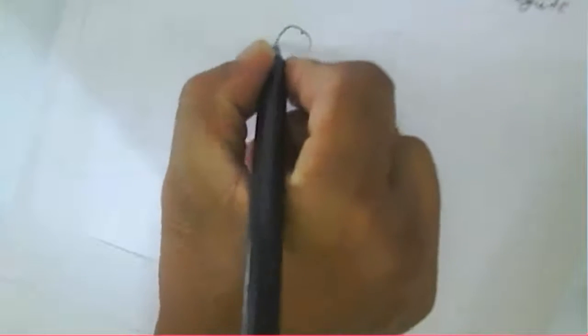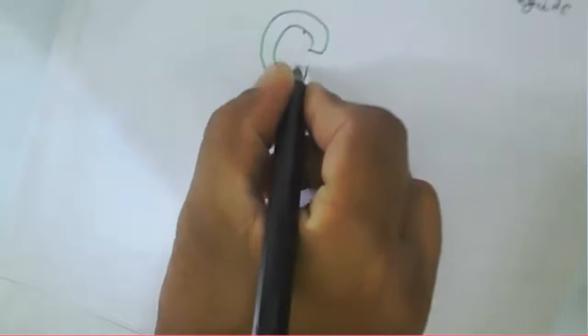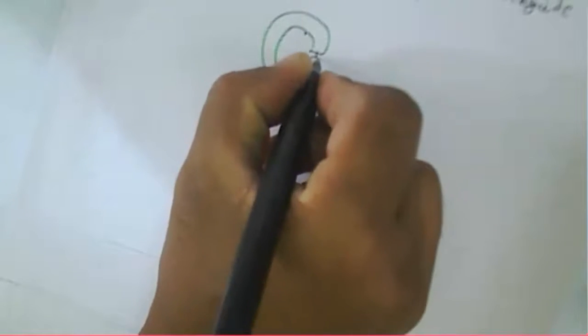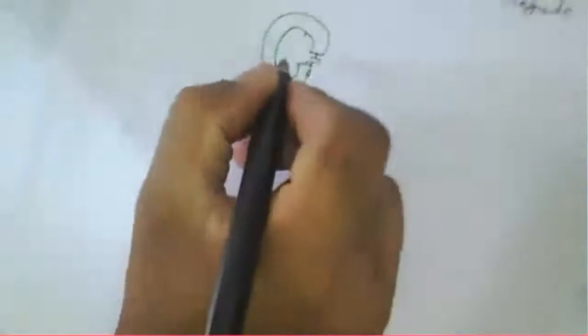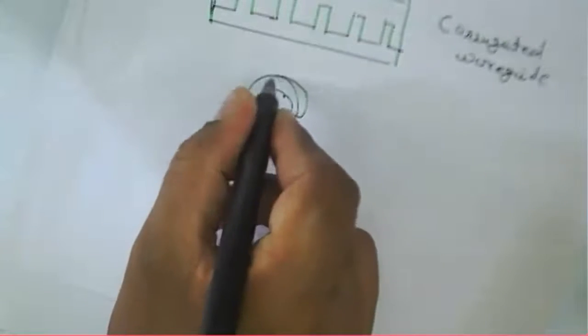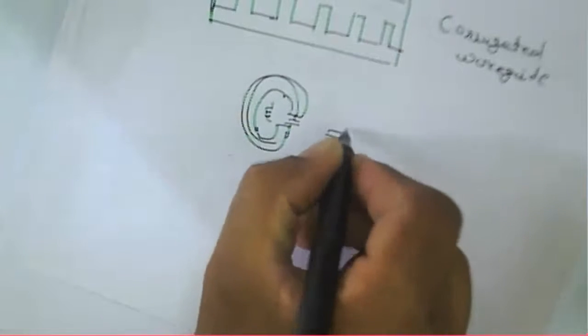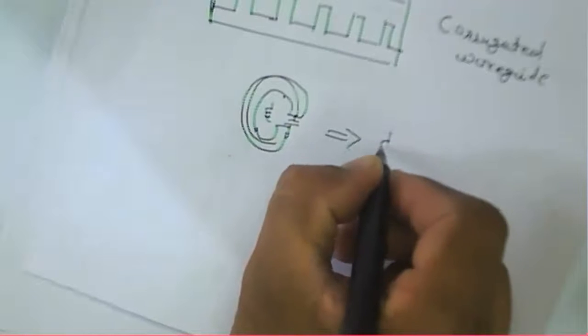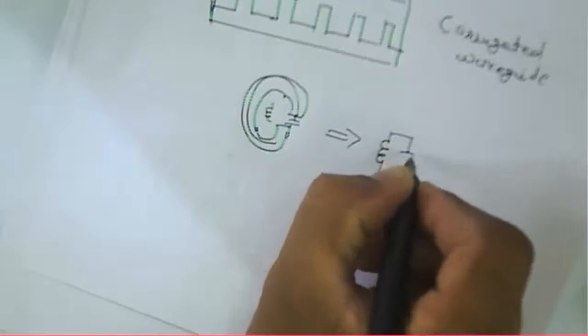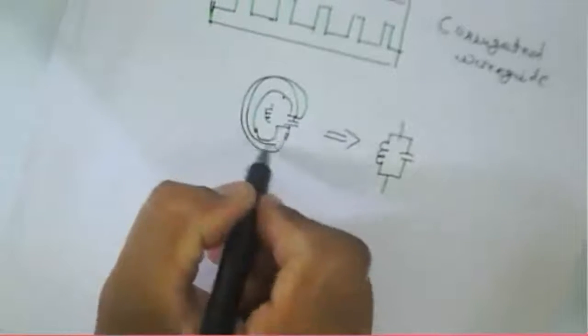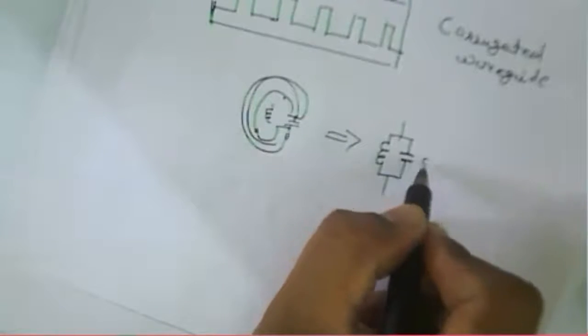So how is it? We have seen a cavity earlier. So in between this there is a capacitor, and for each and every cavity, this is the conducting one, so there will be an inductor. So the equivalent circuit for this cavity looks like a tuned circuit having a capacitor and inductor, and in between the mouth of this particular cavity there will be a capacitor.